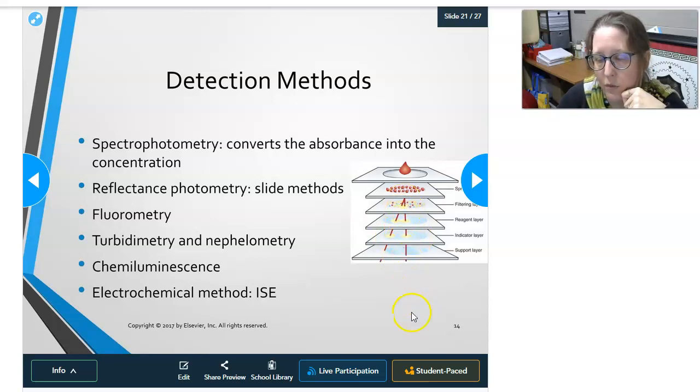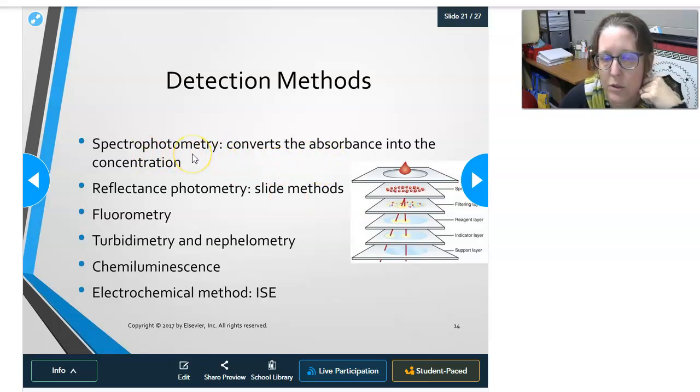You can see the red lines: the light is shone onto the color, and the slide reflects the light according to the color that it is. The intensity of the color is correlated to the concentration. So the Vitros has a slide technology.